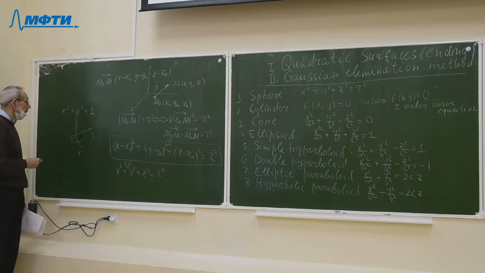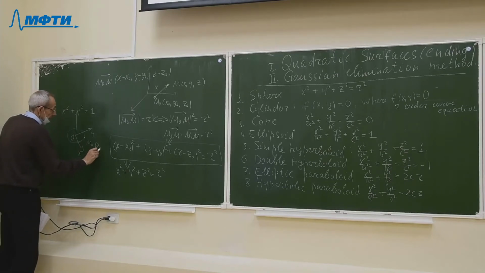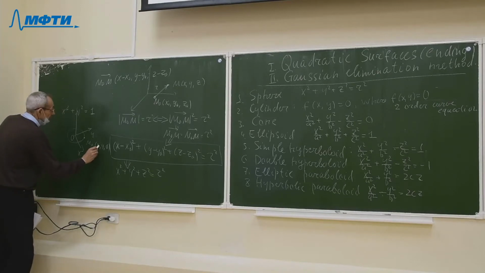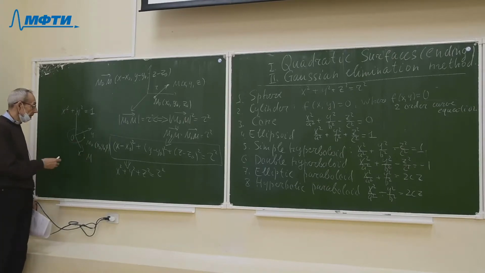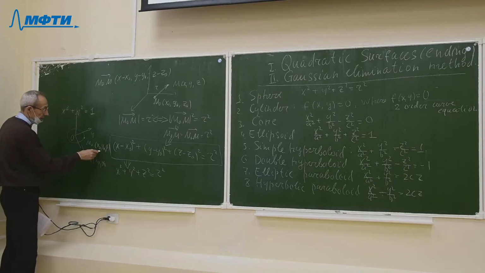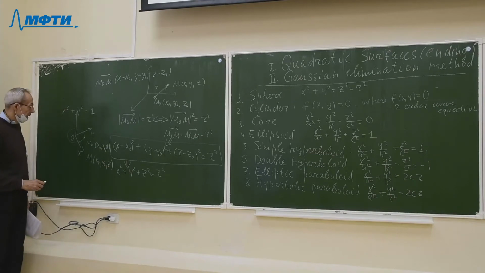If a point M0 with coordinates x0, y0 lies on our circle, let's consider the point with coordinates x0, y0, which coincide with the coordinates of the point M0, and an arbitrary coordinate z.